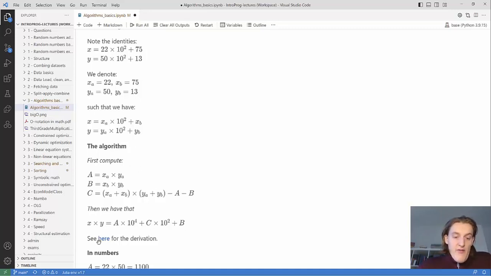And there's a derivation if you follow this link. I'm not going to show you all of it, but you can see intuitively that A is just this number times this number. B is just this number times this number. And then by definition, C times 10 to the power of 2 is the cross product of these two numbers.